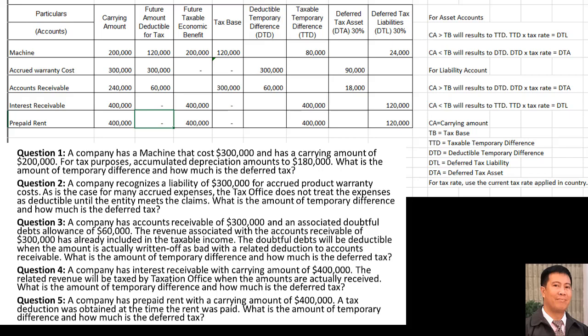So how much is the carrying amount, or the tax base, as per taxation? That should be $300,000 less 120, right? Am I correct?